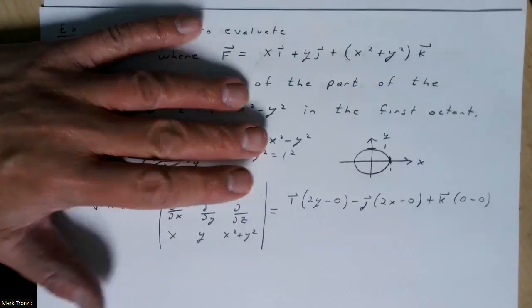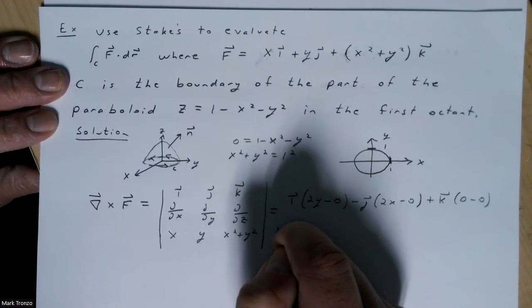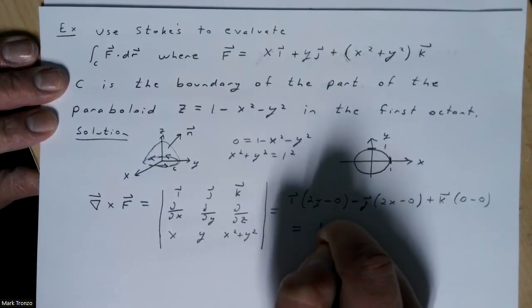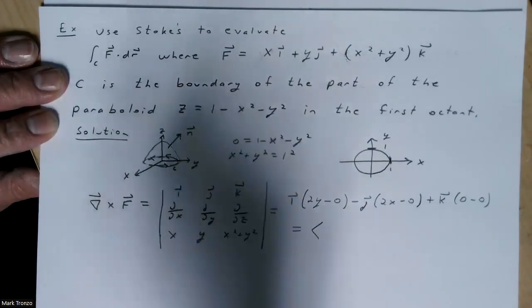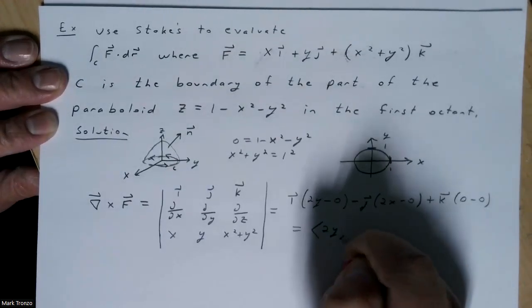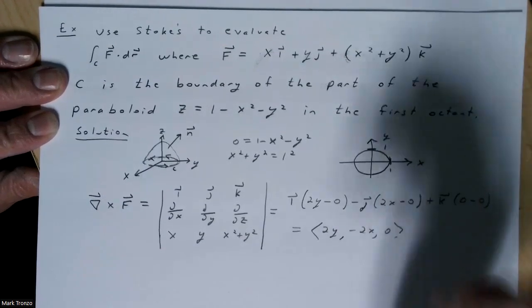And so our curl is going to be 2y, negative 2x, and 0.